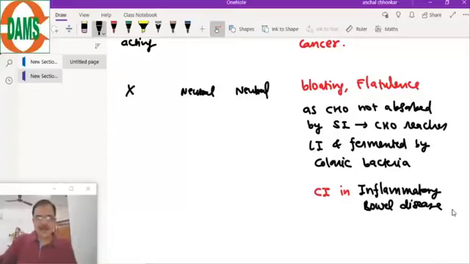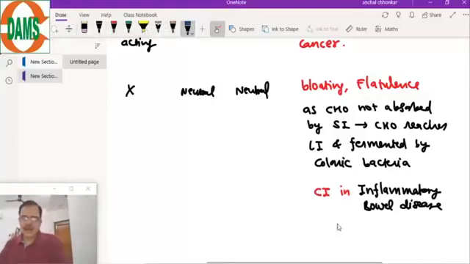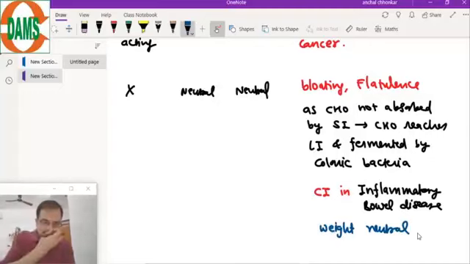Now, it is a weight neutral agent. It is a weight neutral agent. So I will write here weight neutral. While in the above, in the pioglitazone group, weight gain occurs because of volume overload.